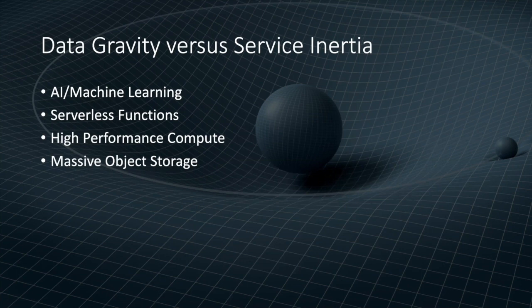This image, I think, plays a pretty good role, in that services are starting to push back a little bit on that concept. I think data gravity is still very, very much a consideration when designing for multi-cloud. But as you start to leverage services like AI, machine learning, serverless, high performance compute, and when I say high performance compute, I mean thousands of CPUs and potentially GPUs, and in some cases massive object storage.